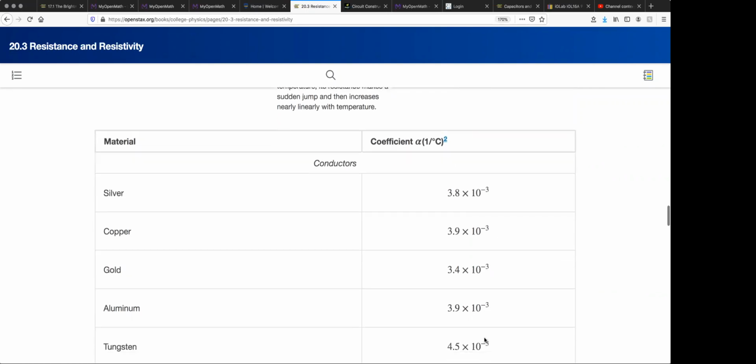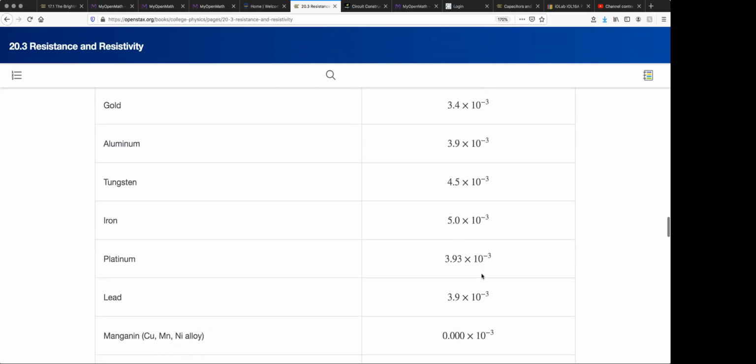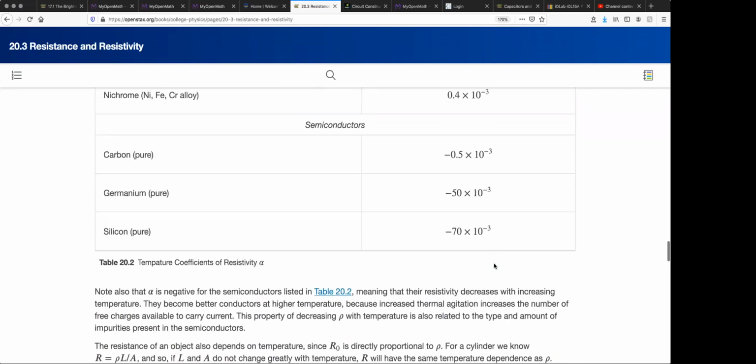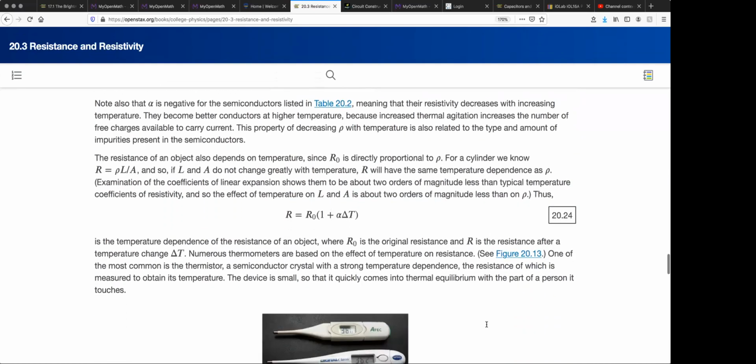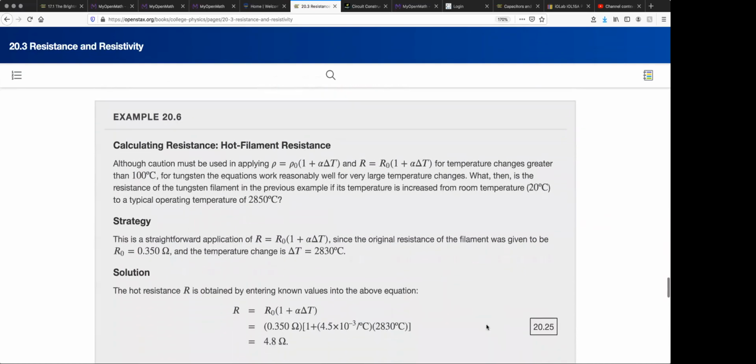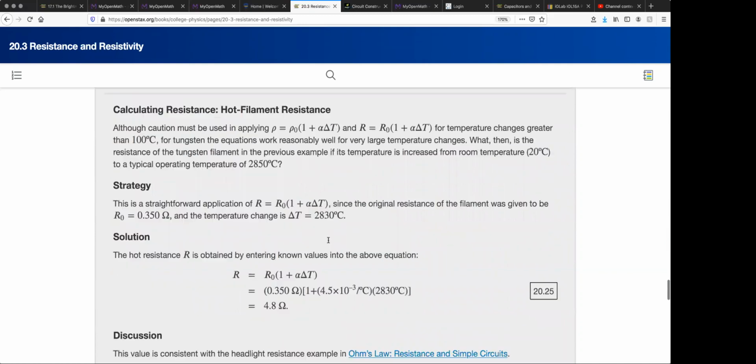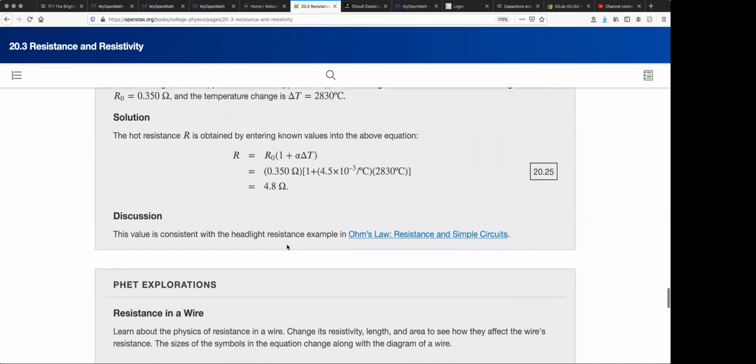As you can see, they're very similar for some of these metals, but there is some variance. And then, of course, for semiconductors, you have different ones as well. These two are quite large for semiconductors. Here they give an example where a filament is going to change temperature as it heats up in a light bulb, and then you want to calculate the final resistance using the initial resistance and that change in temperature. It's just plugging in numbers in the end.